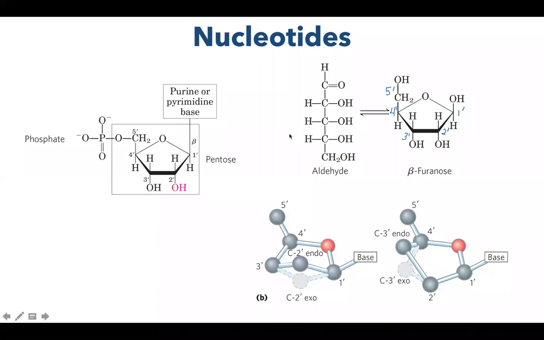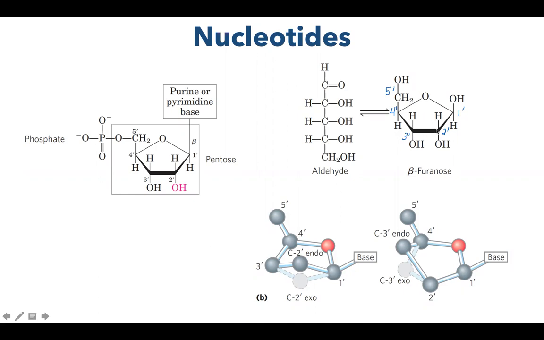Now, for the conformation of the beta furanose, it's not lying on a flat plane. If you imagine the three-dimensional structure of this beta furanose, all of the 5 atoms that are part of the cyclic chain do not lie in one plane.